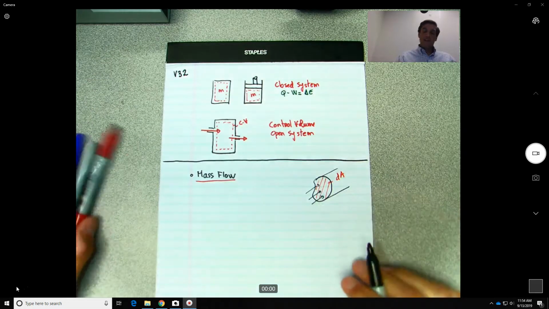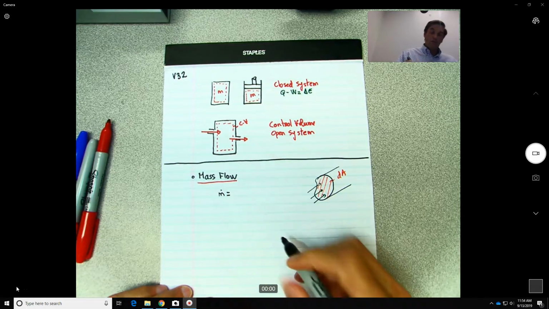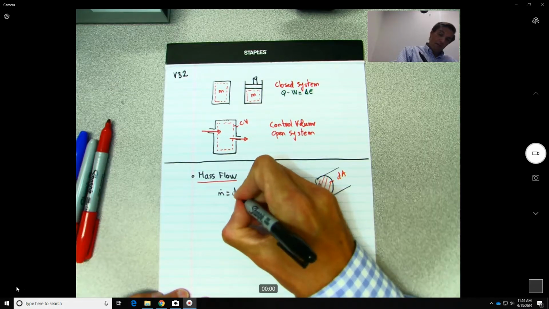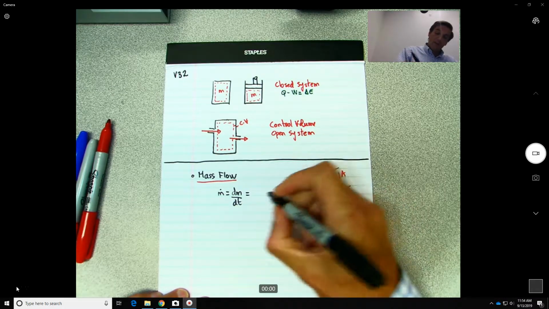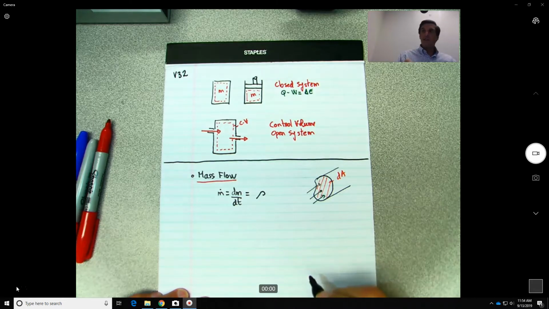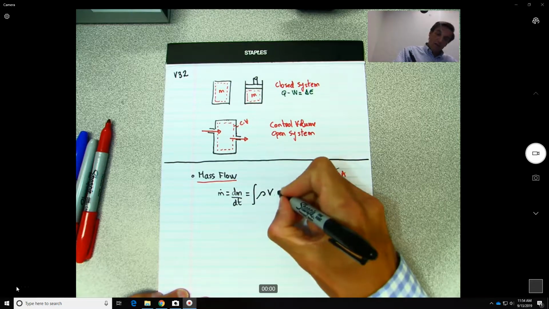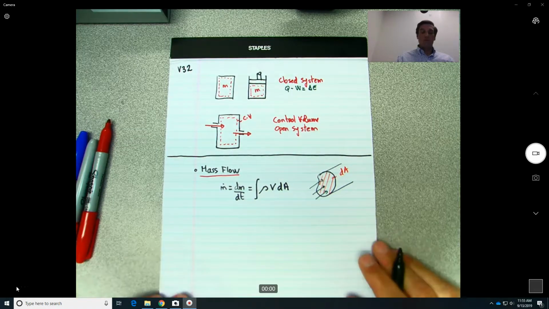The definition is that the amount of substance, so mass per unit time, is equal to the density times the velocity. This is the definition in integral form.